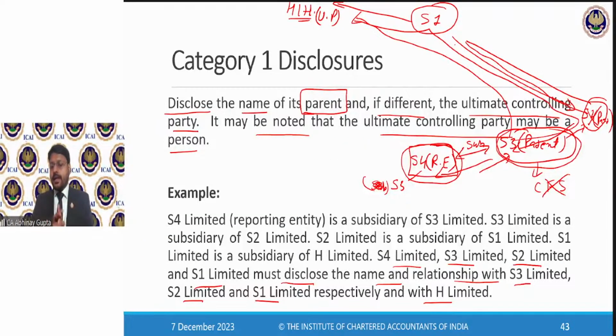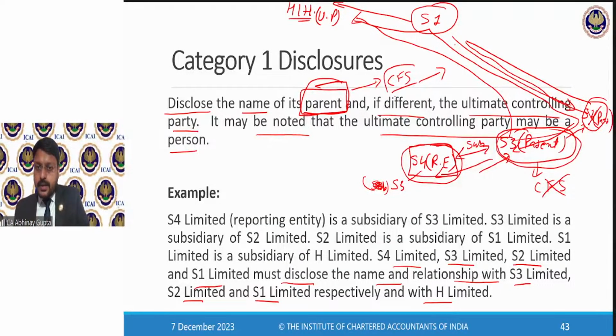Disclose the name of its parent. So this disclosure is applicable for the parent. Now, if our parent is not producing CFS, as we have seen in the earlier discussion, then we need to state which other intermediary parent is producing that CFS, right? So that we will say.